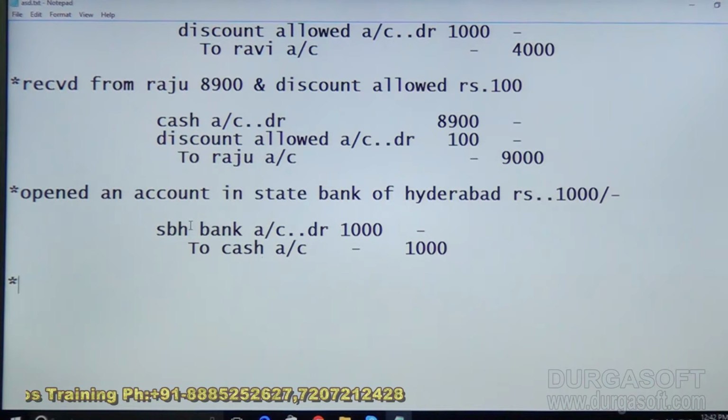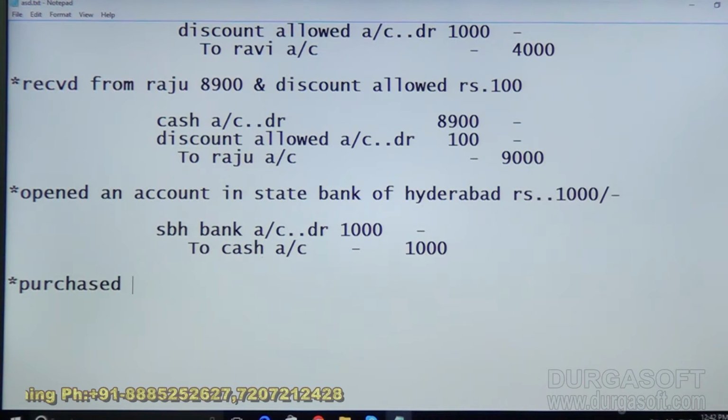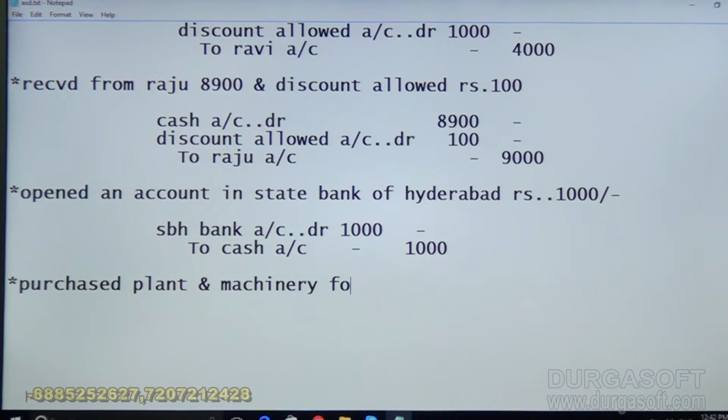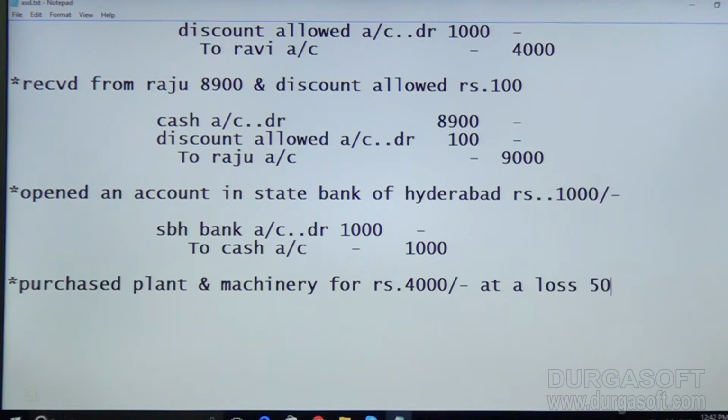For example, purchased plant and machinery for 4000 rupees, at a loss of 2000 rupees or else 500 rupees.